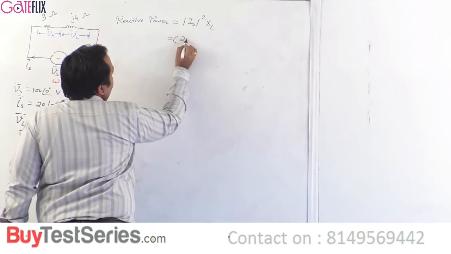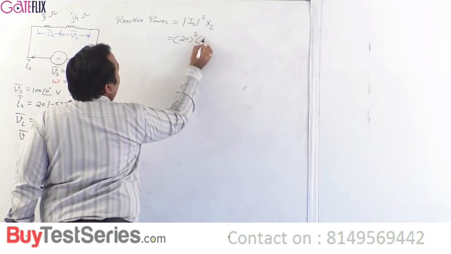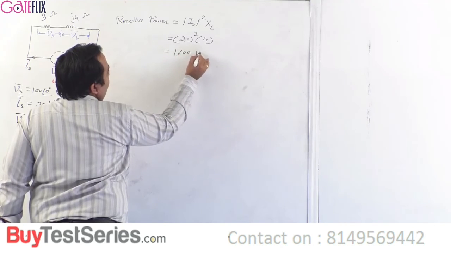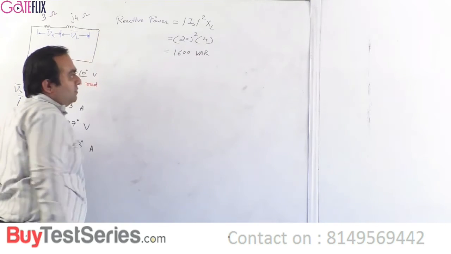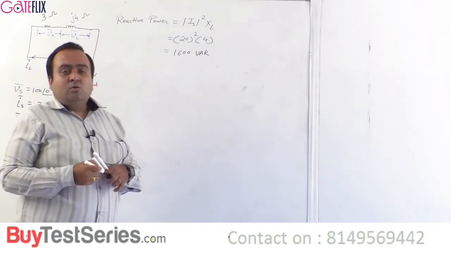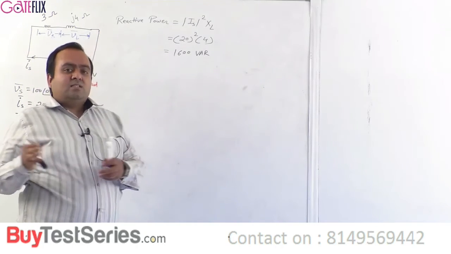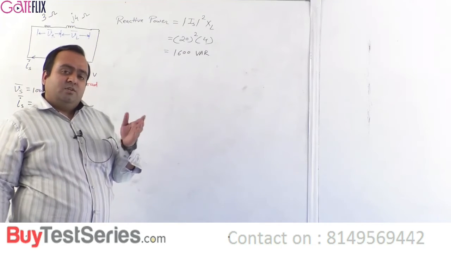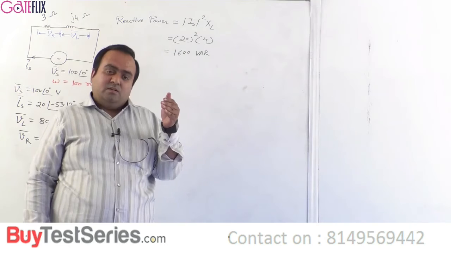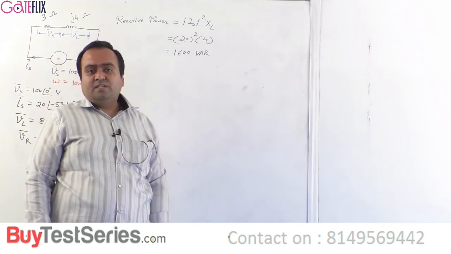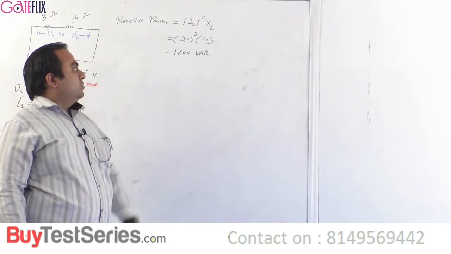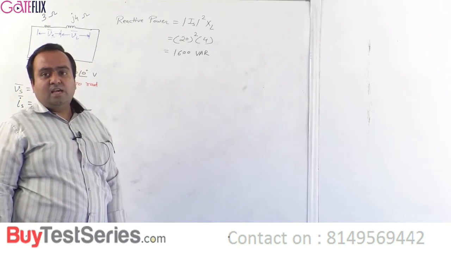So this becomes 20 squared into 4, so it becomes 1600 VAR. We call it volt ampere reactive. Although dimensionally active and reactive powers are the same, just to differentiate between them, we express the active power in watts and the reactive power in VAR. So this is 1600 VAR.